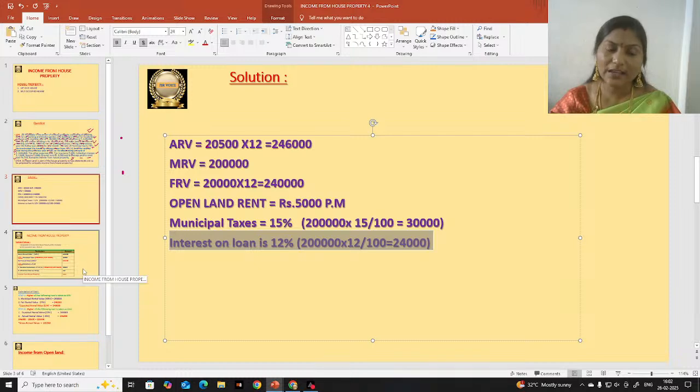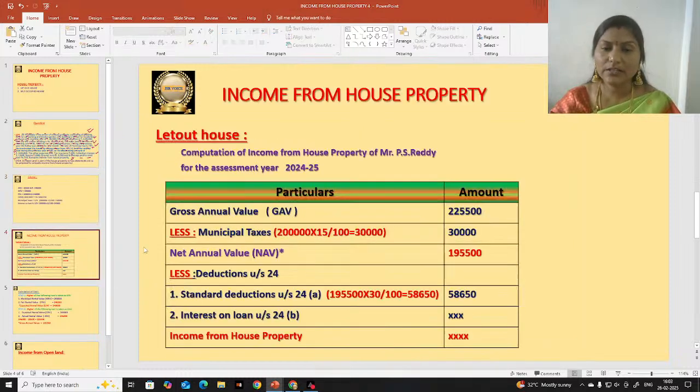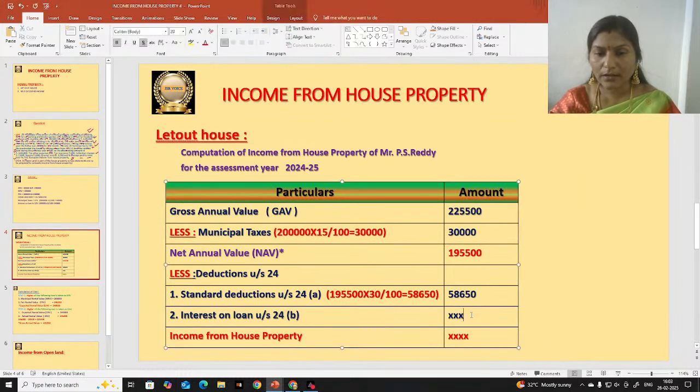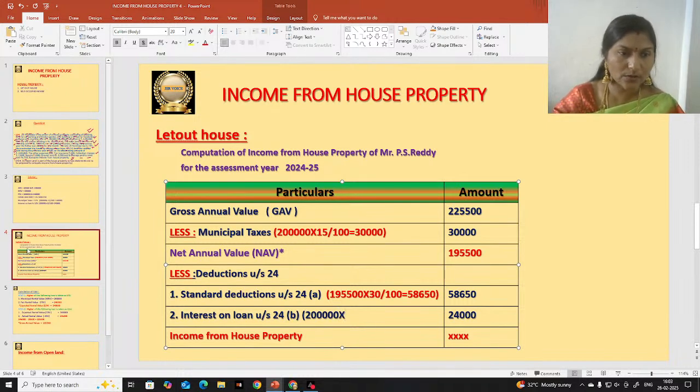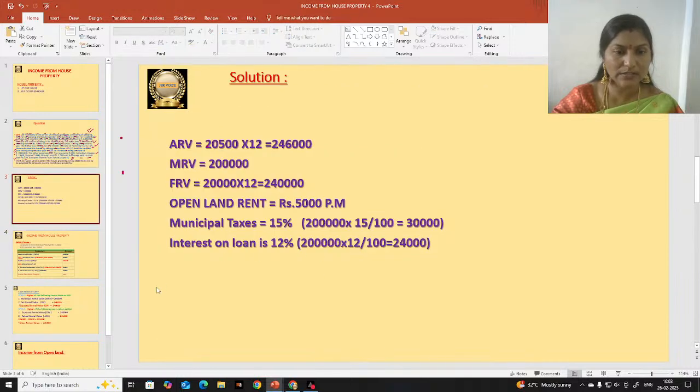So we can take in our format in the place of interest on loan 24,000. If you want, you can calculate here also. Okay, so beside that item you can calculate. So 2 lakhs is the loan amount into percentage is 12%. Okay, what is the percentage? 12%.